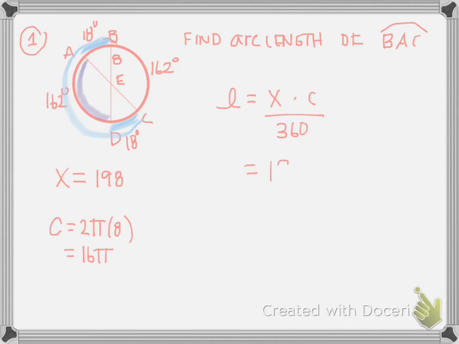So my x was 198 times c, which is 16 pi, and I'm going to divide that by 360. So 198 times 16 pi divided by 360 is going to give me an arc length of 27.646.